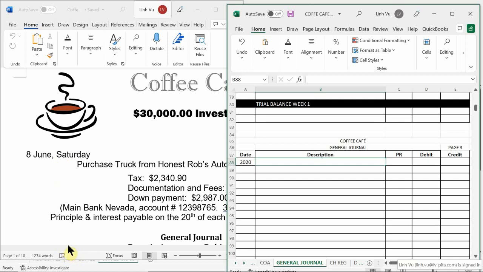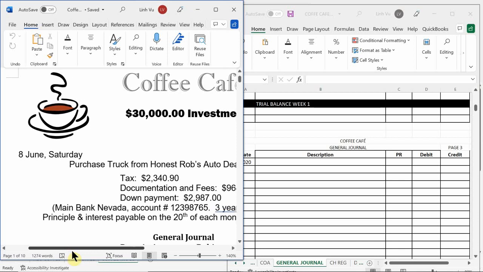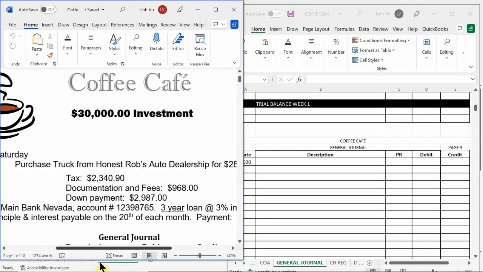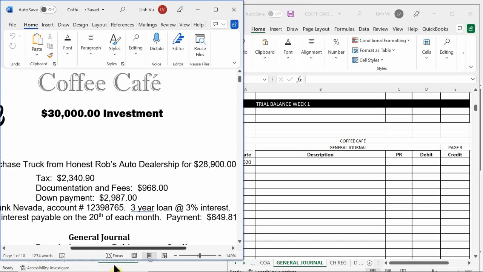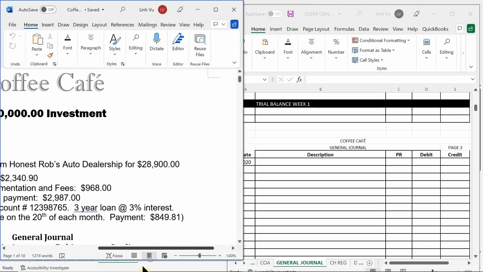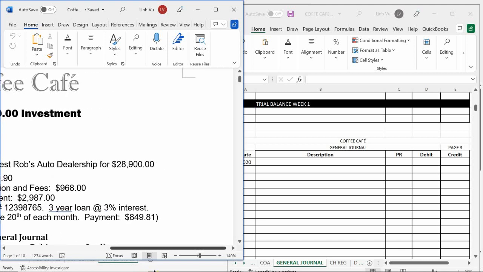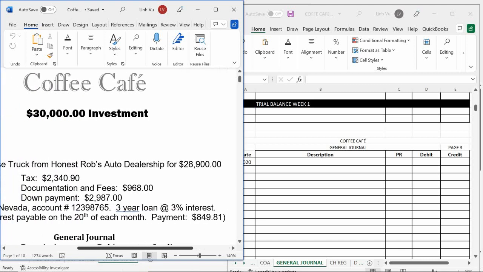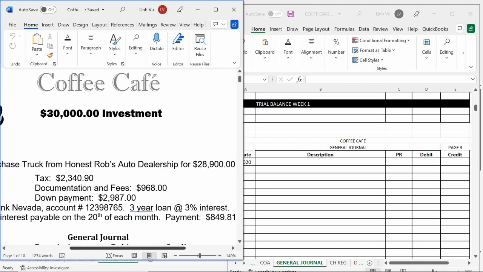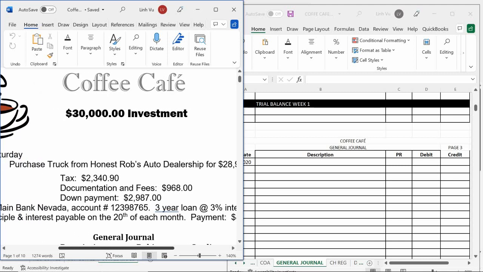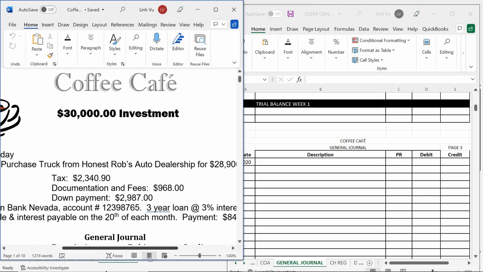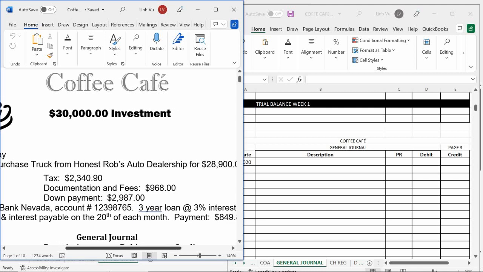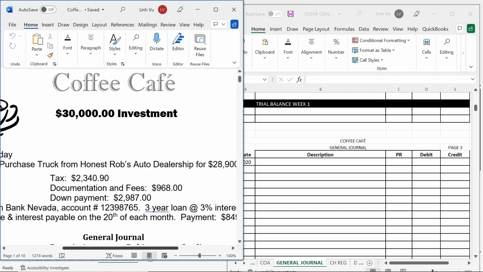On June 8th, we end up purchasing a truck from Honest Rob's Auto Dealership for $28,900. That was the price of the truck. There were taxes, which came to a total of $2,340.90.